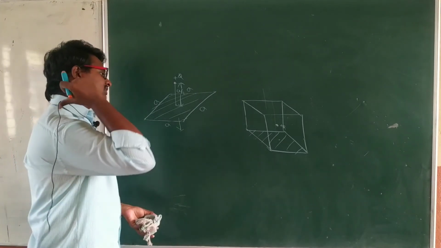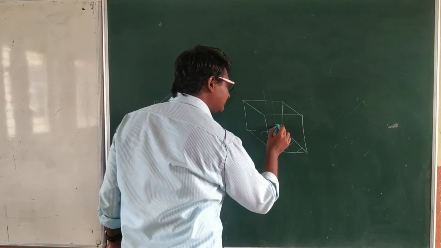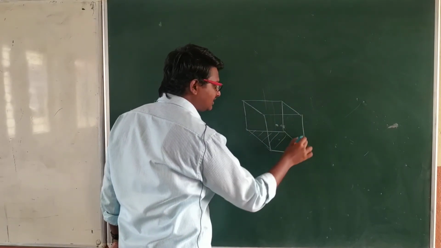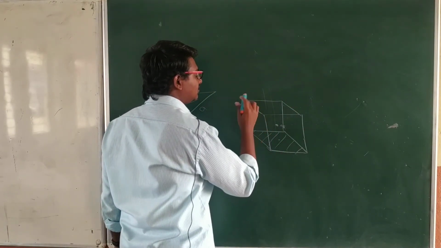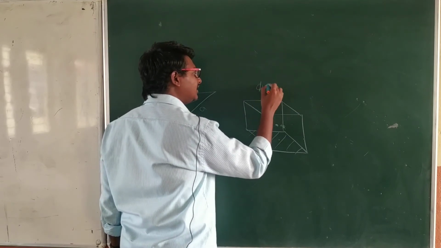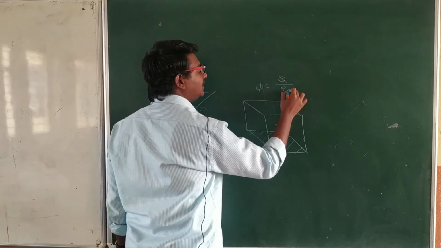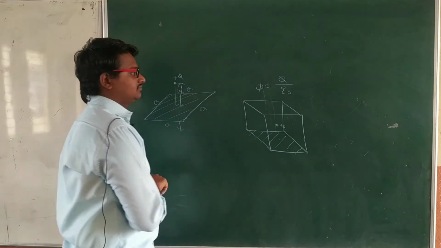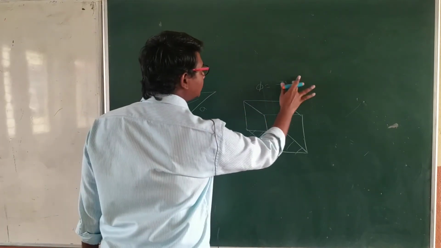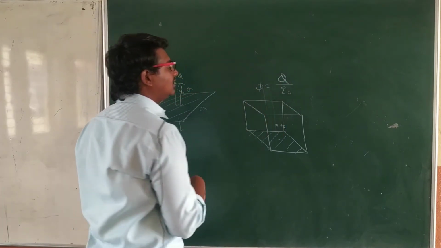It means because of this charge, on all these 6 faces, the total flux will be phi is equal to q by epsilon naught only.